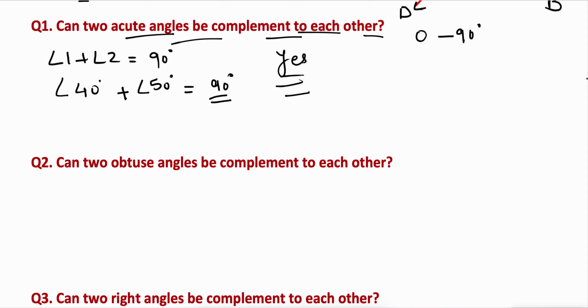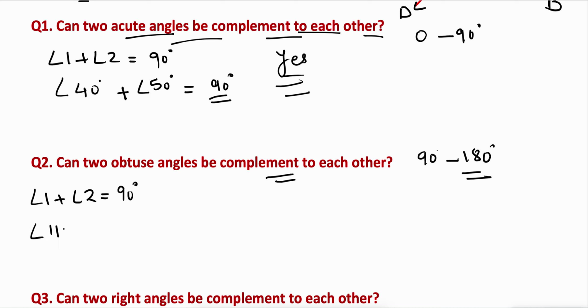Question number 2. Can two obtuse angles be complementary to each other? An obtuse angle is an angle between 90 degrees and 180 degrees. And for complementary angles, angle 1 plus angle 2 should be equal to 90 degrees. So if I take one obtuse angle, suppose 110 degrees, which is greater than 90 degrees but less than 180 degrees, and another angle of 130 degrees, both are obtuse angles.